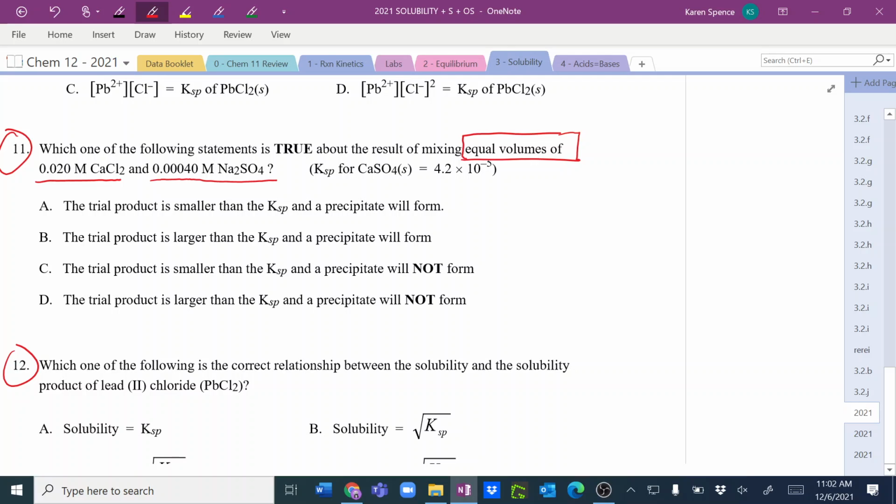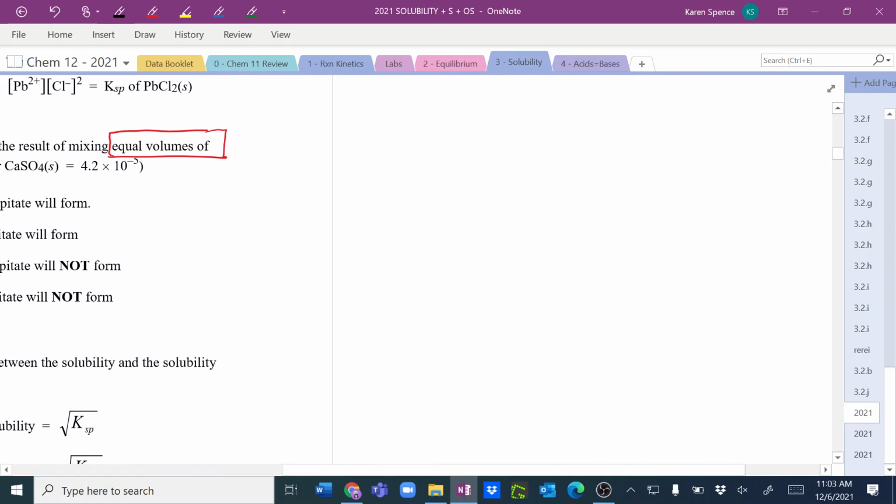So when you have these two things, what we know is that our calcium ion, once it has been diluted, because we mixed equal volumes, now does anyone want me to explain why when you mix equal volumes you get half the concentration? Okay.